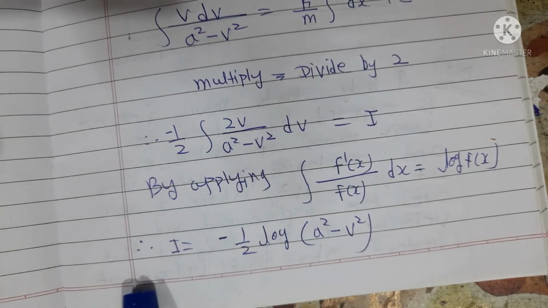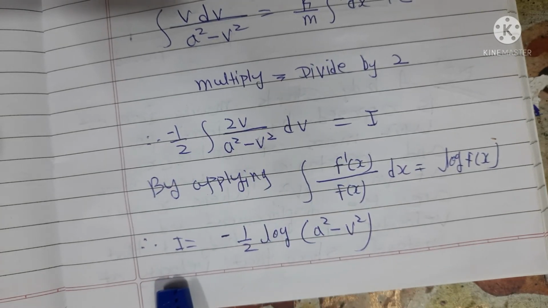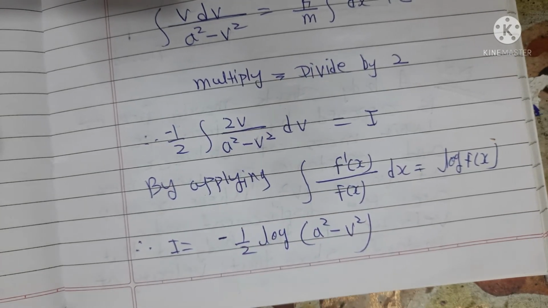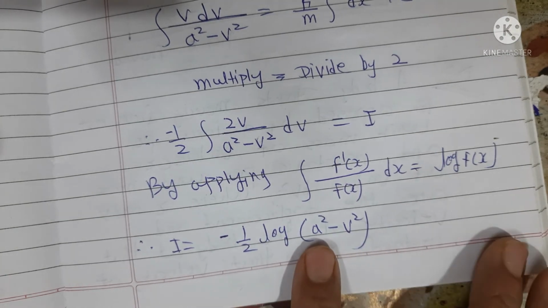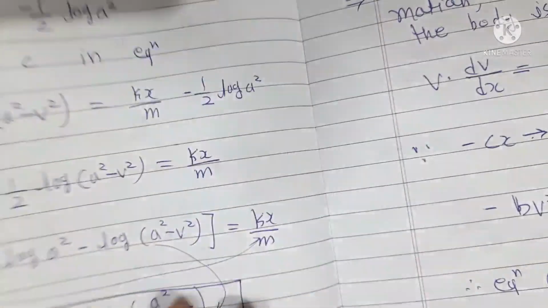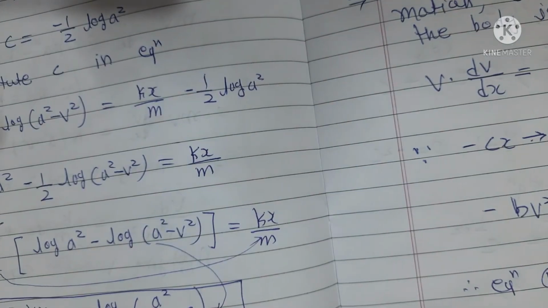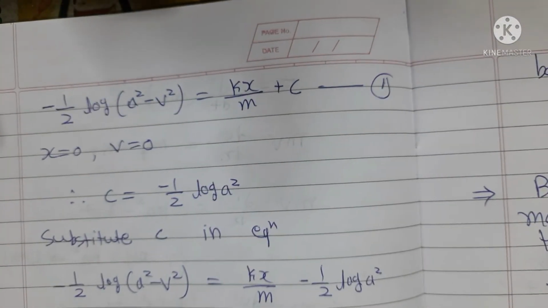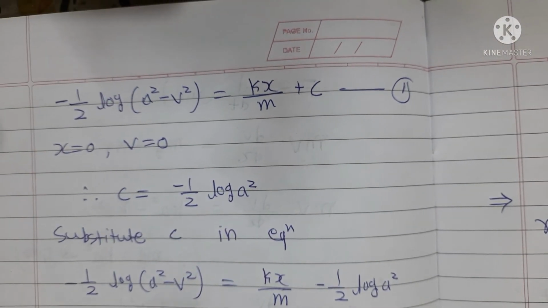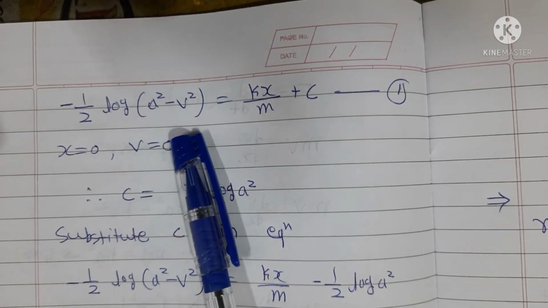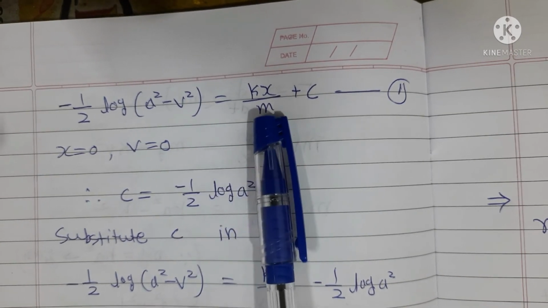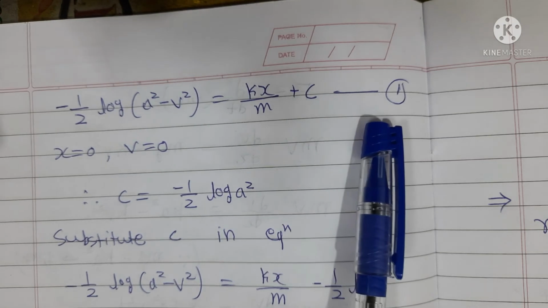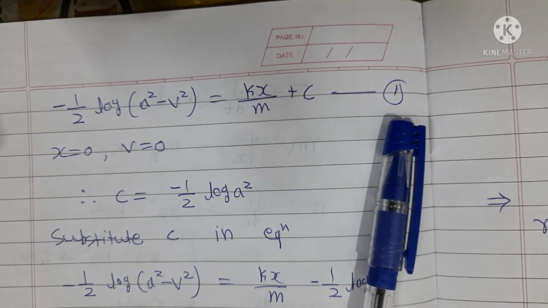By applying this rule we get I is equal to minus 1 by 2 log of a square minus v square. Now after simplifying we get minus 1 by 2 log of a square minus v square is equal to kx upon m plus c. This is equation number 1.